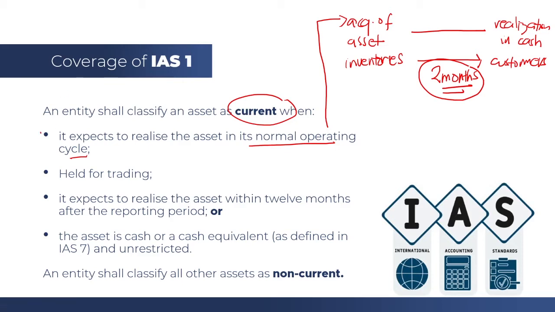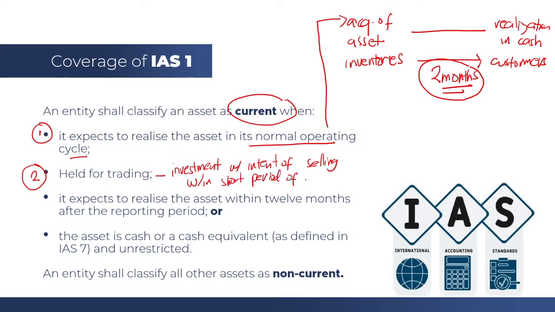So the second one is when the asset is held for trading. What is a held for trading asset? It is normally a security or an investment that you purchase with the intent of selling within a short period of time, normally within 1 year.